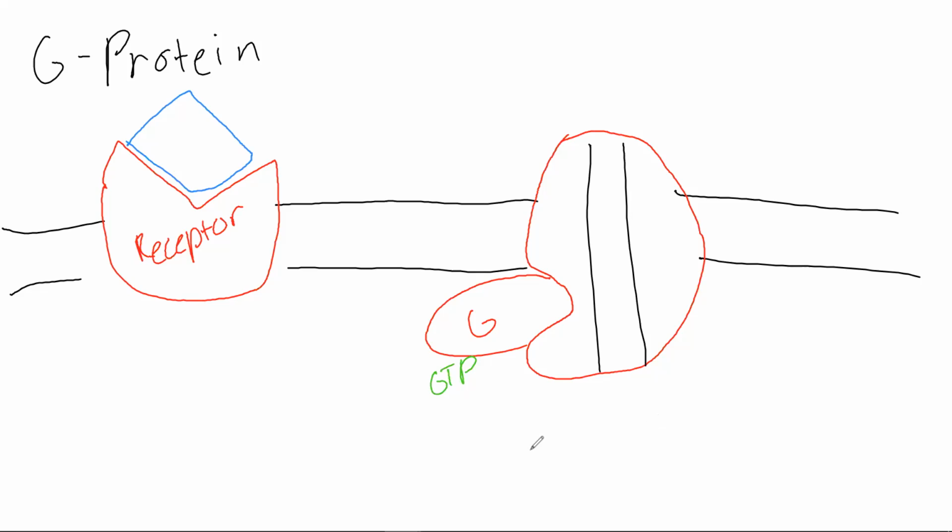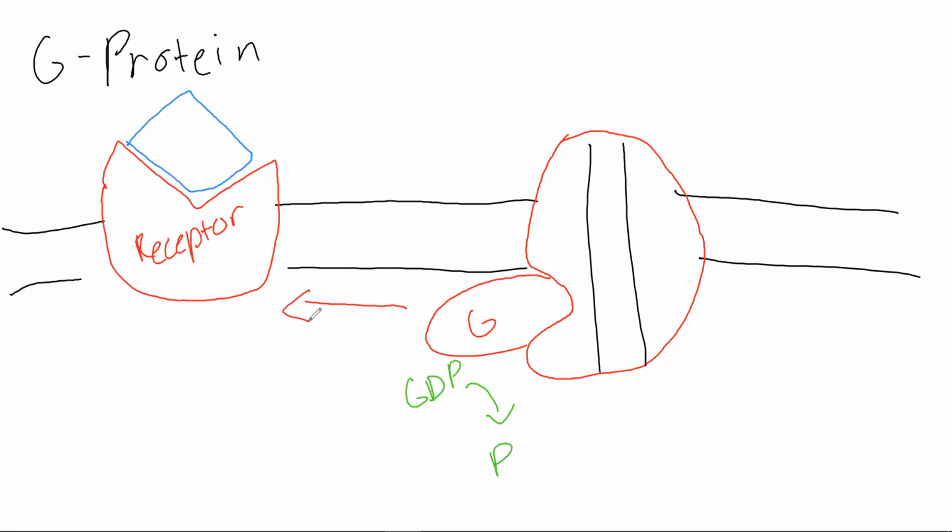And when you break a GTP apart, what you get is a GDP, that's correct, and a phosphorus, which happens to fall off. And when the GTP turns into GDP and is now connected to the G protein, the G protein will then return to its original position with a GDP connected.